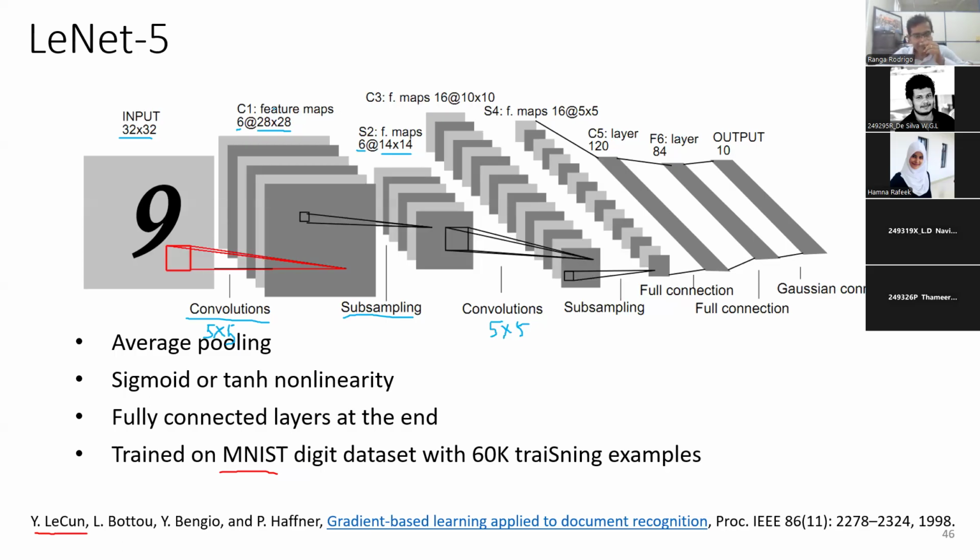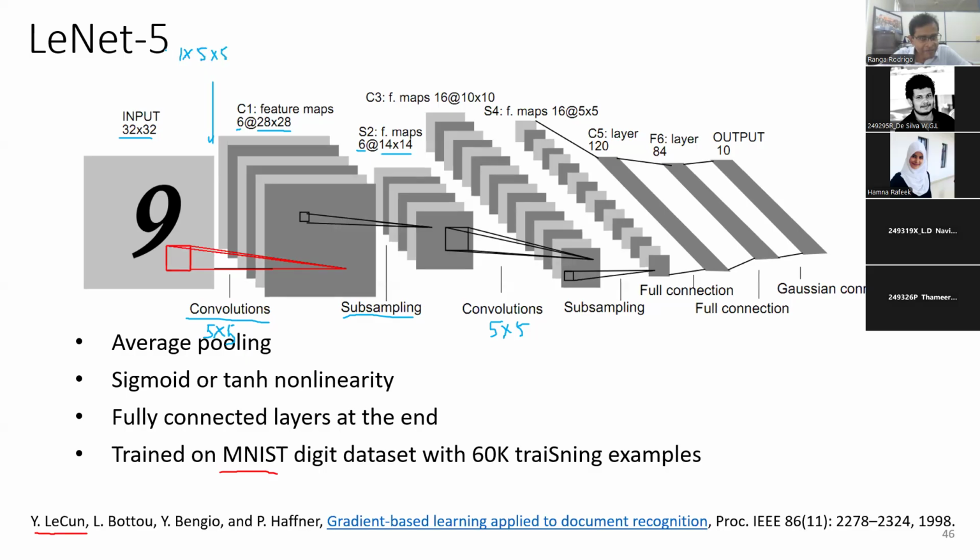So now let's compute the size of these feature maps. In this case, 6 times 28 by 28 is the size. Here 6 times 14 by 14. Here 16 times 10 by 10. Here 16 times 5 by 5. How many parameters are there in this convolution operation? You can see the depth of this image is 1, times 5 by 5 convolutions.